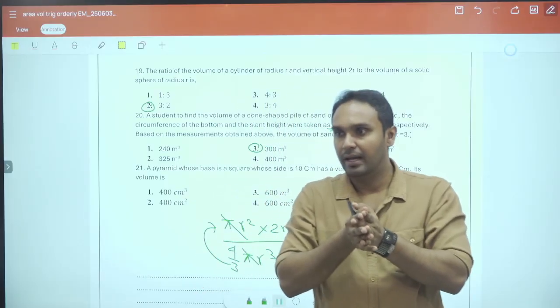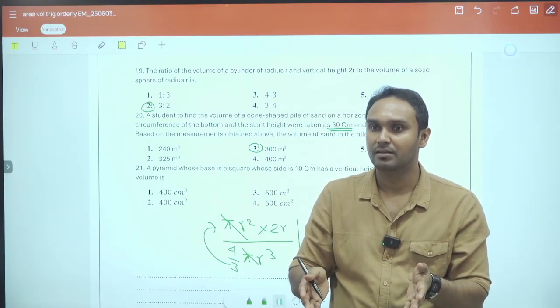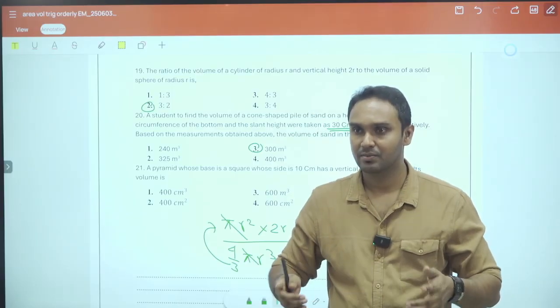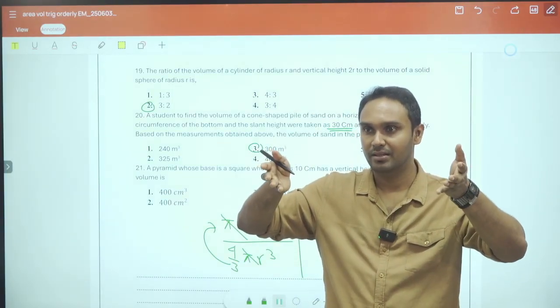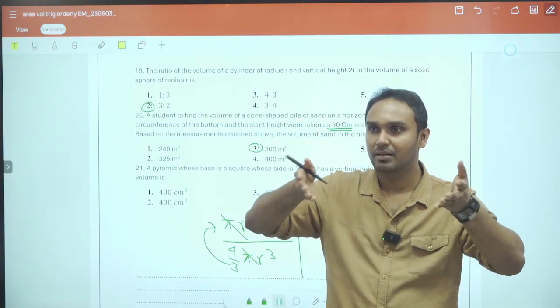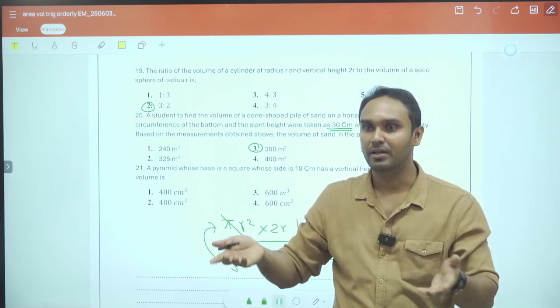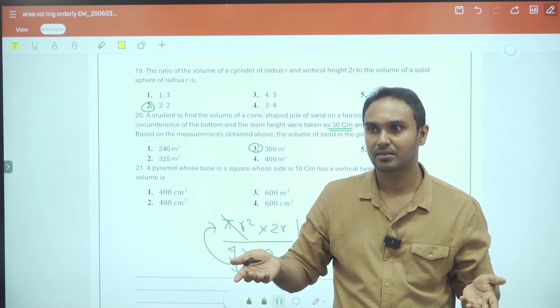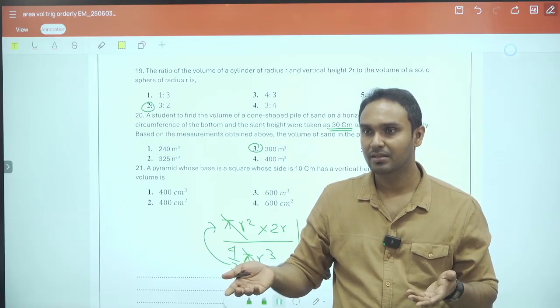If I make the uniform object out of it, the bottom is a square, so it continues and makes a cuboid. So the volume of the pyramid will be 1/3 of the cuboid.